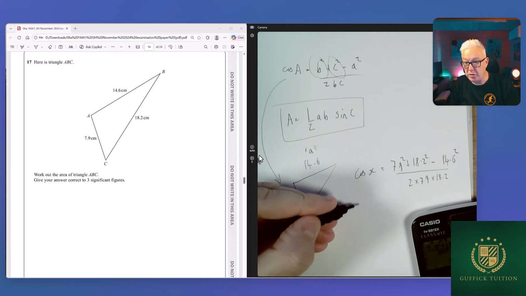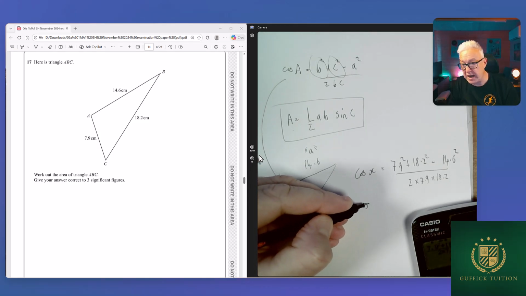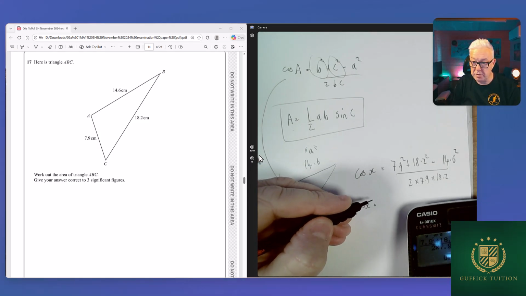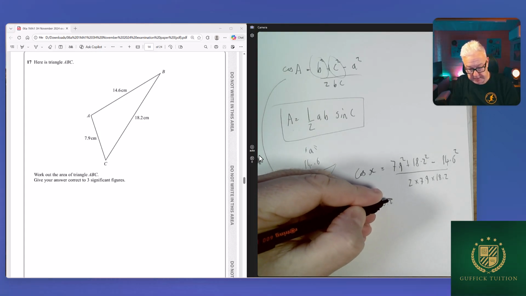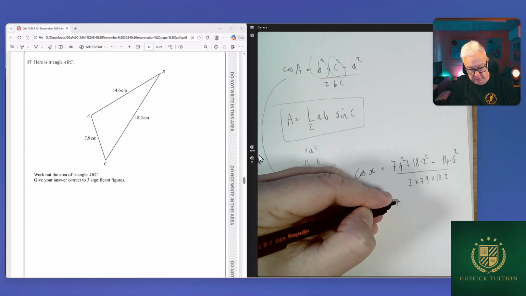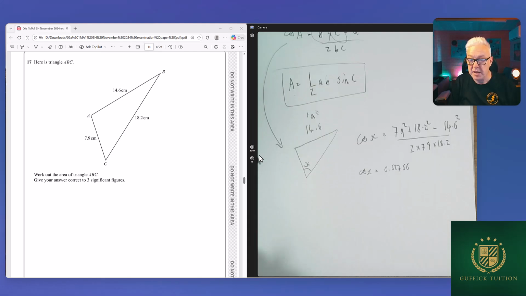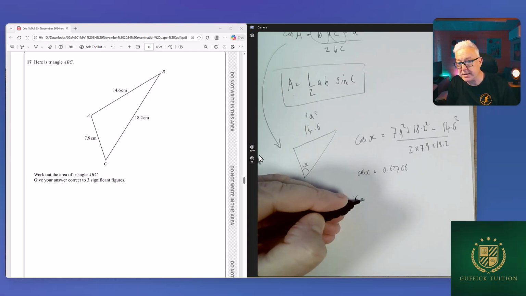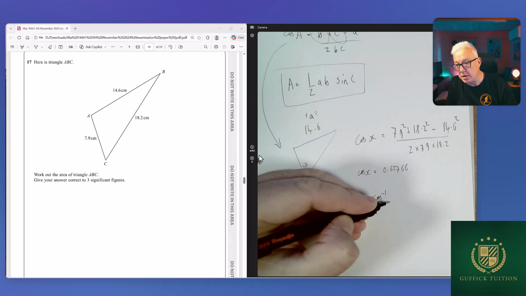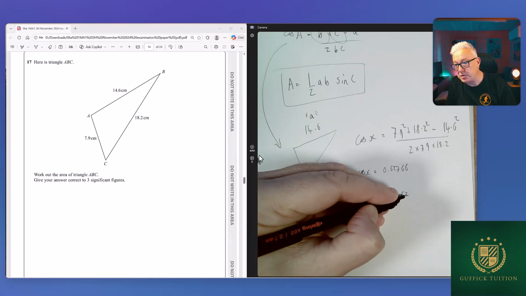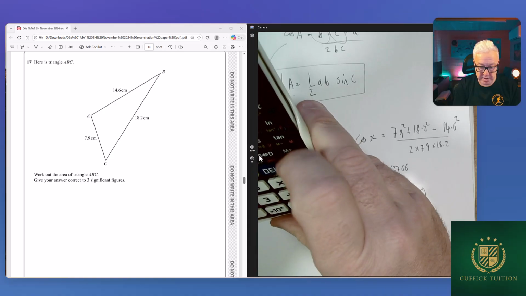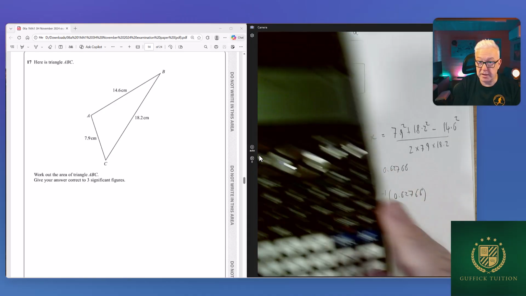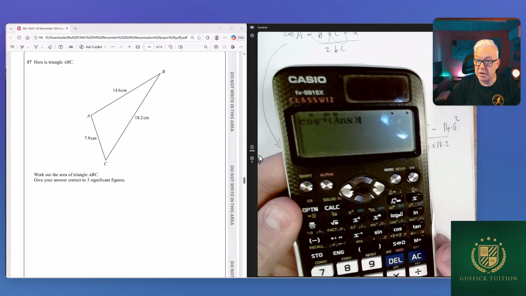Okay, so therefore we have the cosine of this angle x is equal to 0.62766. Okay, so therefore the angle x is going to be inverse cos of 0.62766, like that.